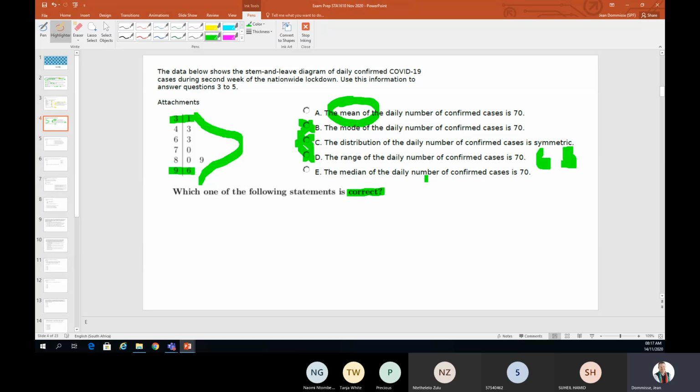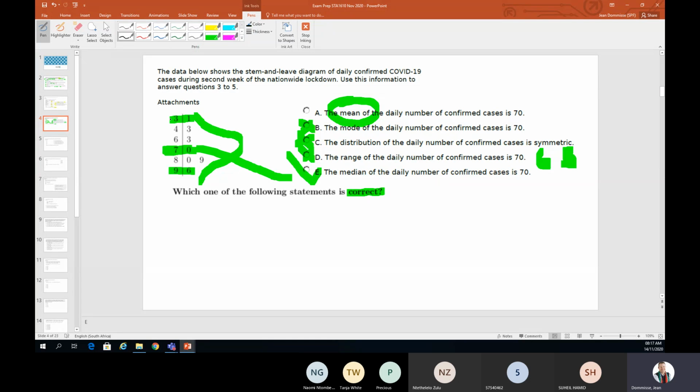The median of a daily, so we have how many? 1, 2, 3, 4, 5, 6, 7. So if we have 7, the one in the middle, so 3 to that side, 3 to that side. So it is right. So the median is 70, and we're looking for the correct one. So the 70 is the right answer.